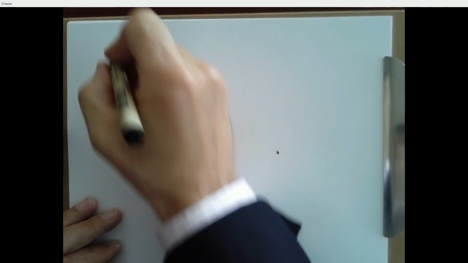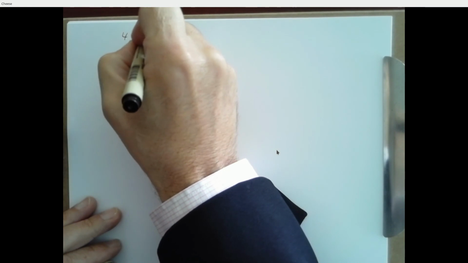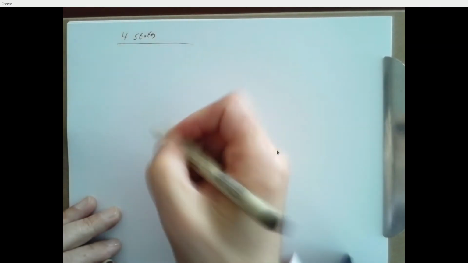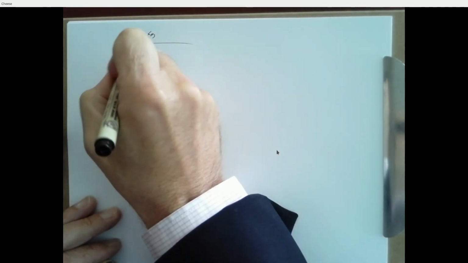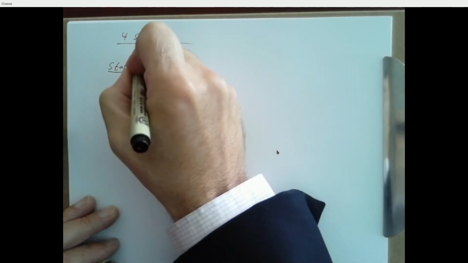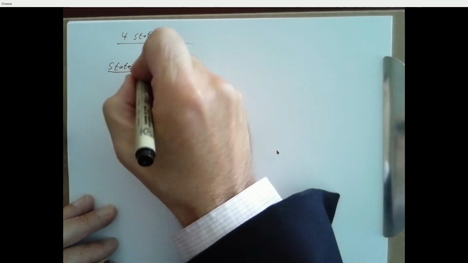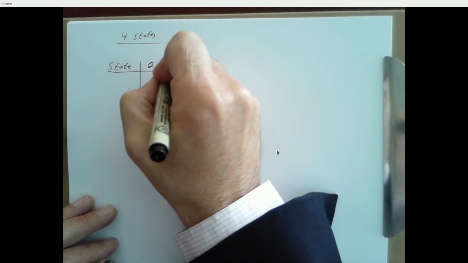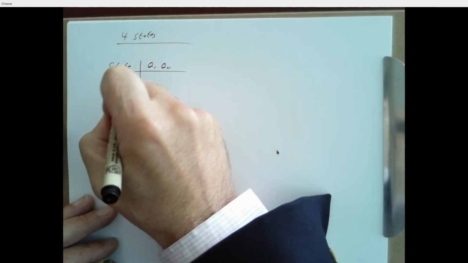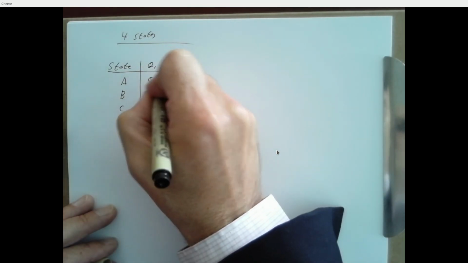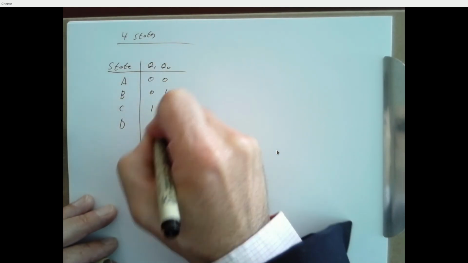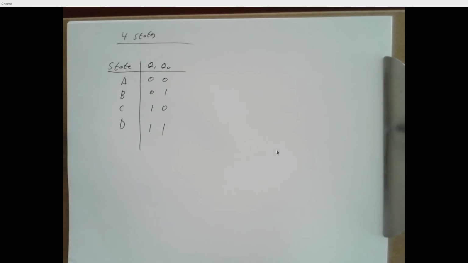Suppose you have 4 states, A, B, C, D. So minimum is 2 flip-flops, right? 2 to the second is 4. All right. We can design a machine like that. We know how to do that.